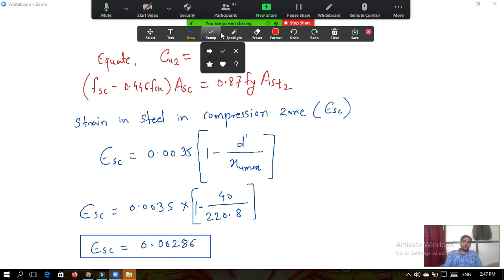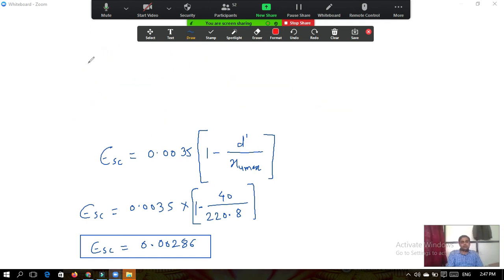So now to calculate that, I will rub this. So now here you write down, to calculate the value of FSC for Fe415.